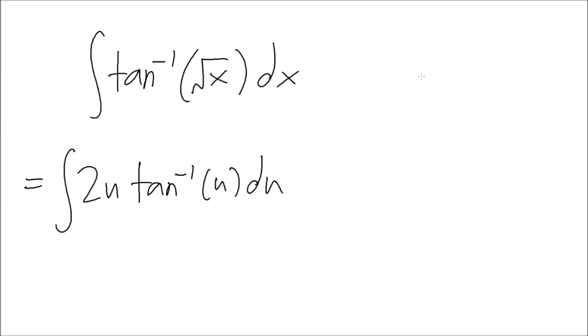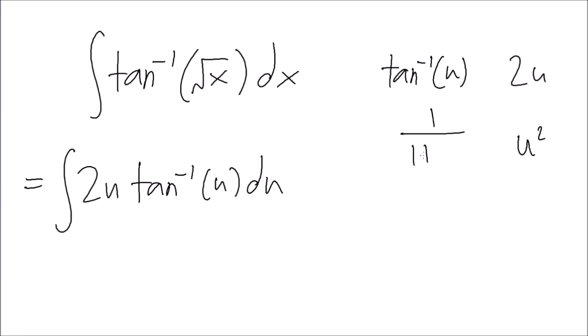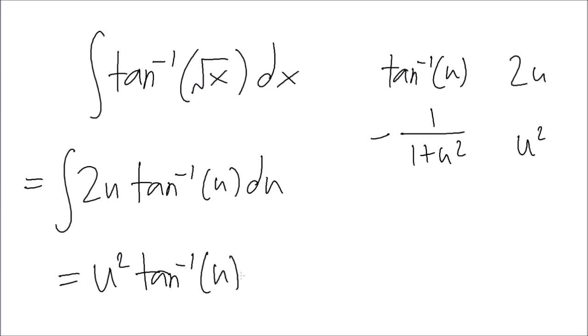So let's derive inverse tangent. We have 2u here, then we get u squared here, and this would become 1 plus u squared here. So then this is equal to u squared inverse tangent of u minus the integral of u squared over 1 plus u squared.